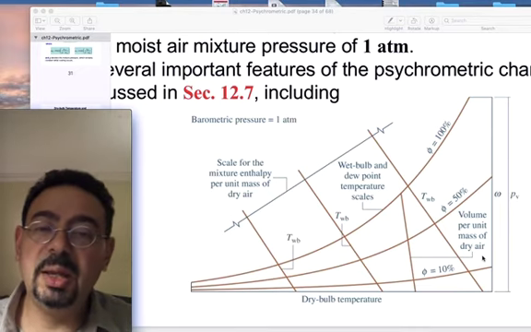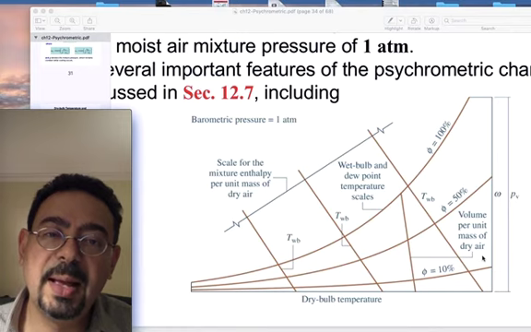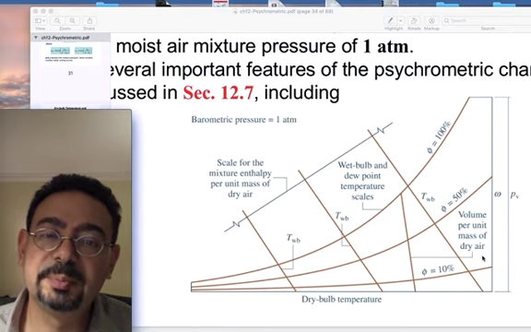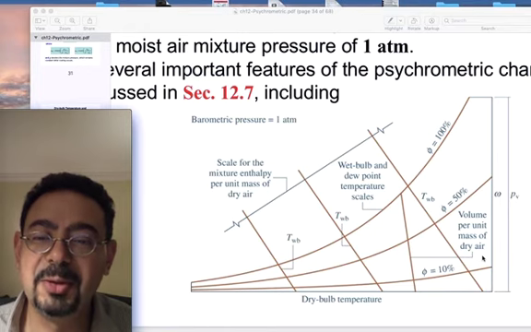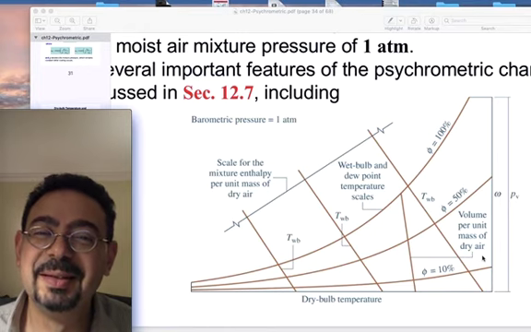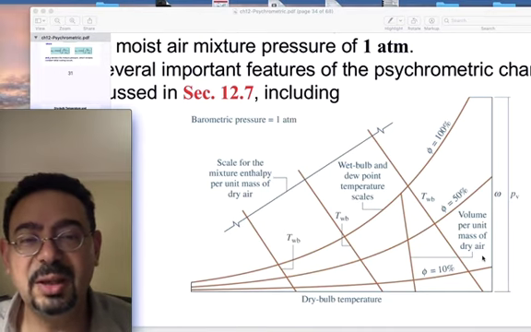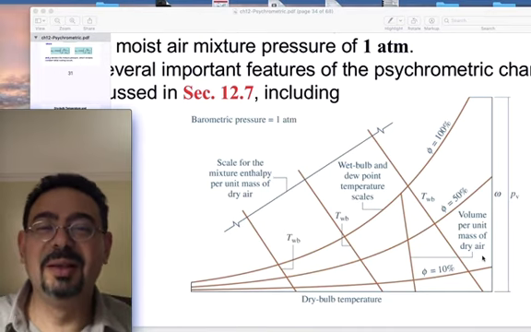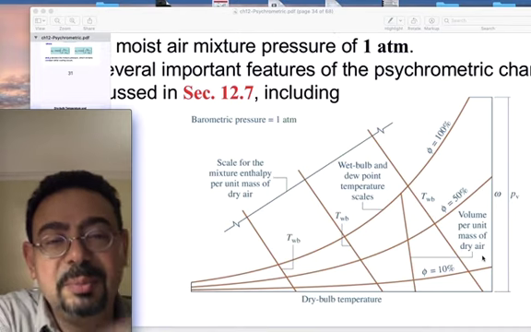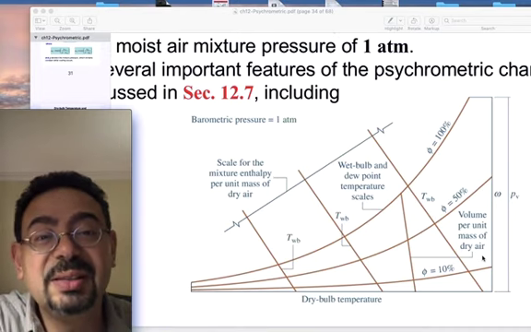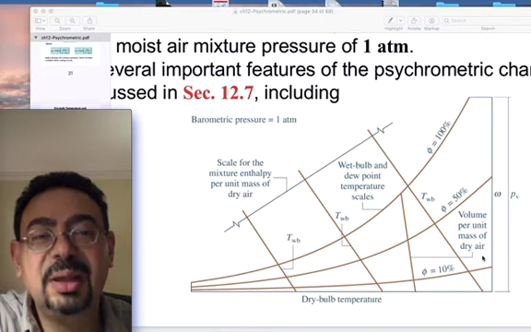Volume of dry air or volume of water vapor? Free quiz. So which one? It's the volume of all of them because they share the same volume and the same temperature, but they don't share the pressure.